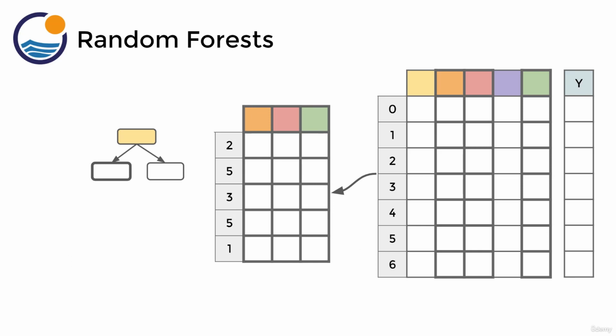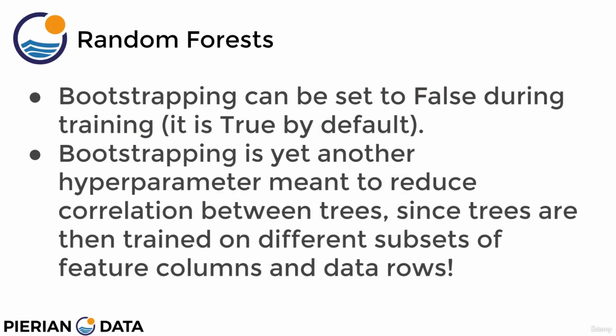Notice here that I bootstrap sampled the rows from my entire data set, and I'm going to be using this in order to train my decision tree, instead of using the entire data set, which is what we implied earlier. And you'll also notice here that the row 5 has actually been chosen twice, meaning we're doing random sampling with replacement. So why even do bootstrapping? Why not just pass in the entire data set? Well, bootstrapping can be set to false during training.